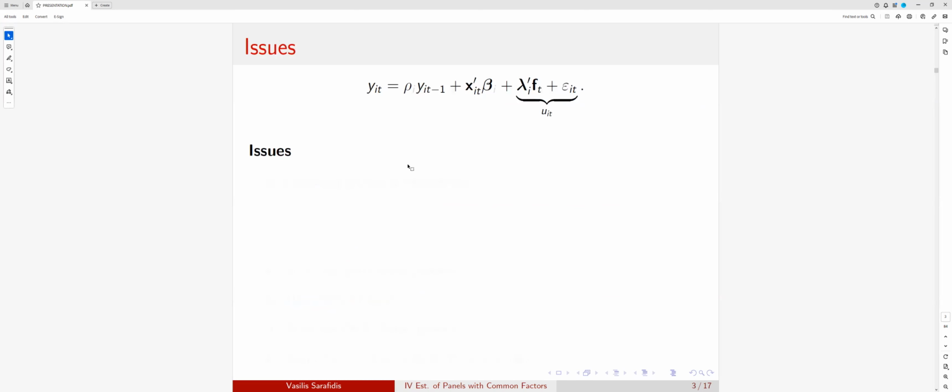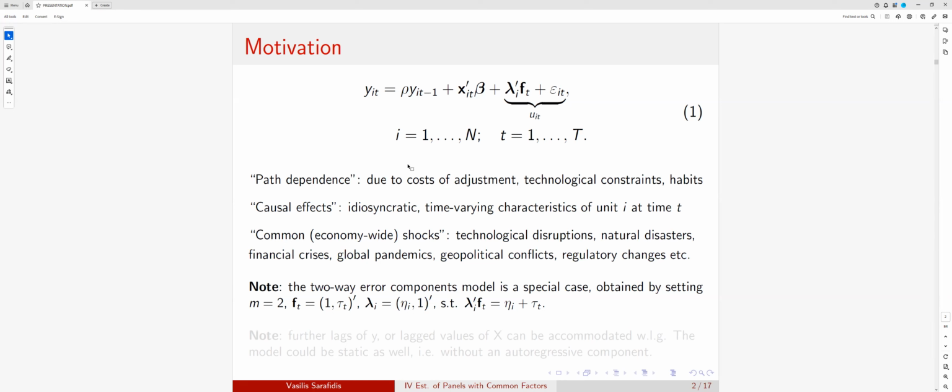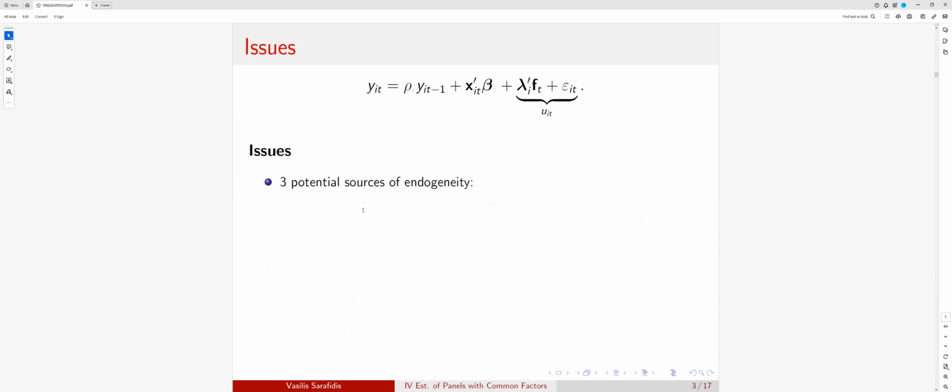But what are the main difficulties associated with identifying and estimating the parameters of this model? Well, to begin with, there exist potentially three sources of endogeneity here.